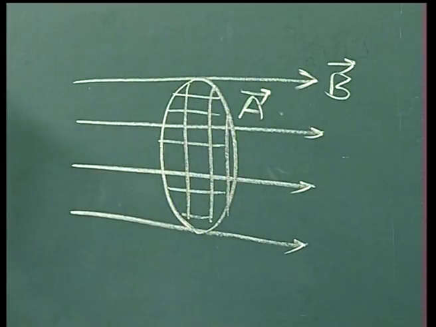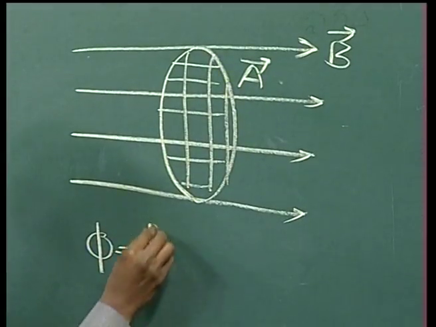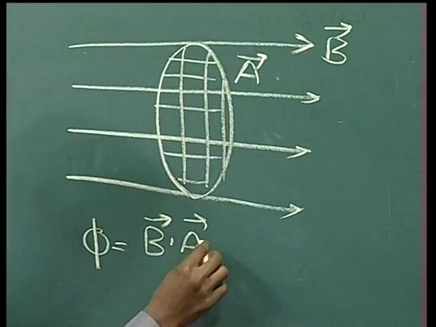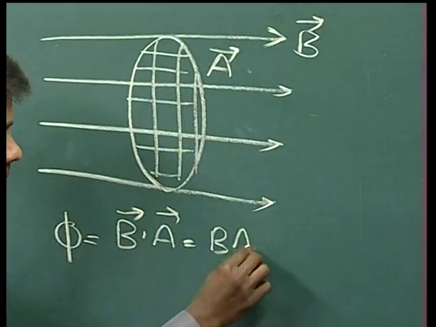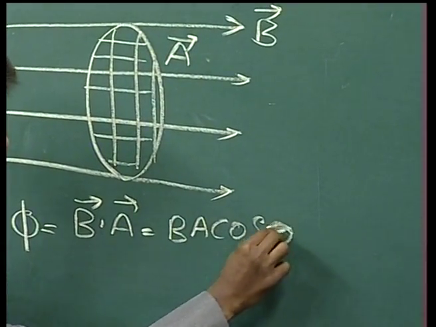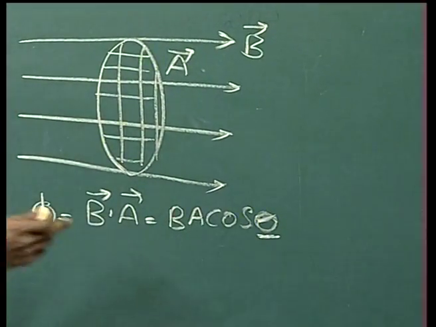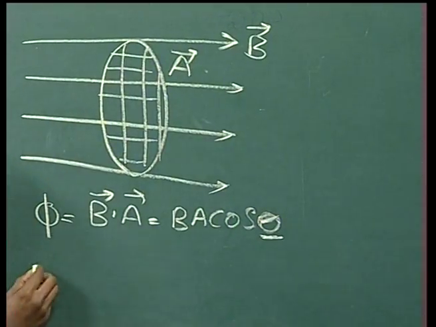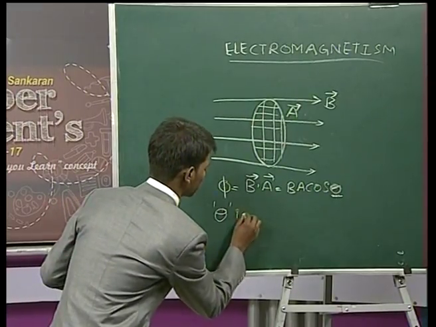Then magnetic flux phi equals vector B dot vector A, that equals BA cos theta. Friends, do you know what this theta indicates? Yes, theta is the angle between vector B and vector A.